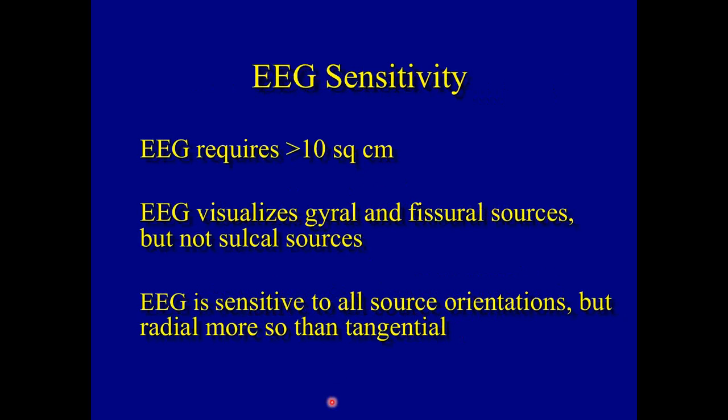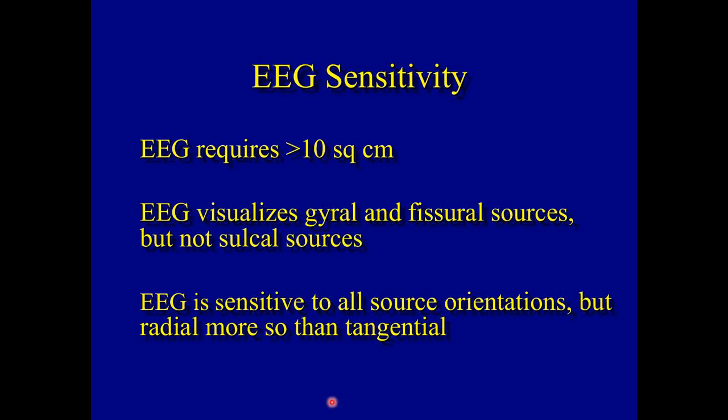Let's think about the sensitivities of these two techniques. Studies have shown that it takes greater than 10 square centimeters of cortex with active EEG to produce a signal that we can recognize above the spontaneous activity. That's a fair amount of cortex.